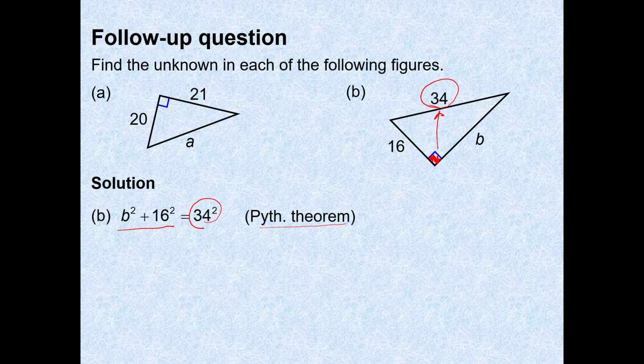Remember to write down the Pythagoras theorem at the last. By moving the 16 square to the right hand side, it becomes minus 16 square. Then by taking the square roots on both sides, we have b to be 30.